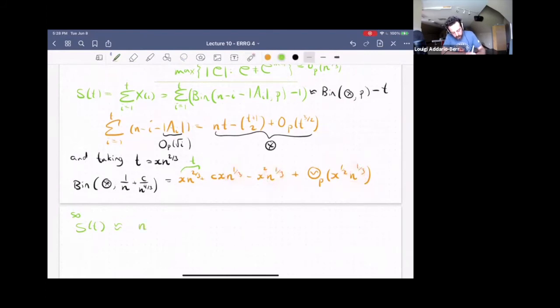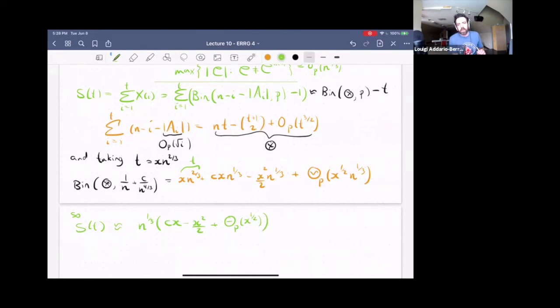So we have something like n to the third, and then cx minus x squared on 2. Sorry, I missed the on 2, didn't I? From this, because there was a t squared on 2 coming from here. x squared on 2, and then plus some randomness on the scale x to the half. Okay.